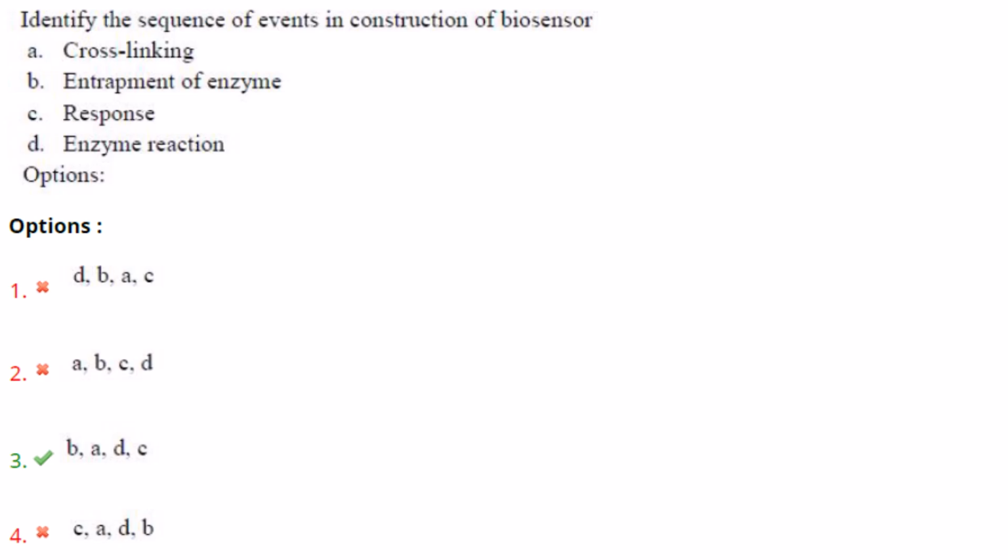Then will be the response, that is it will tell us regarding the concentration of the analyte in your sample. So that is the steps involved in the construction of the biosensor. So first it is entrapment, then cross-linking, then enzyme reaction, and then response.